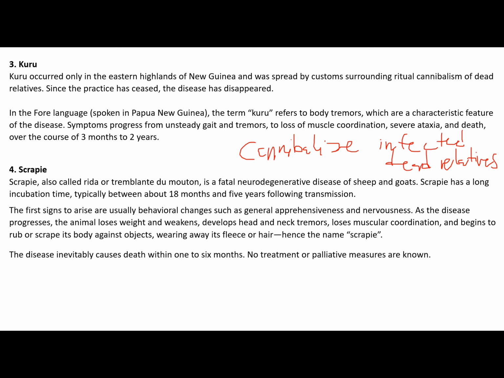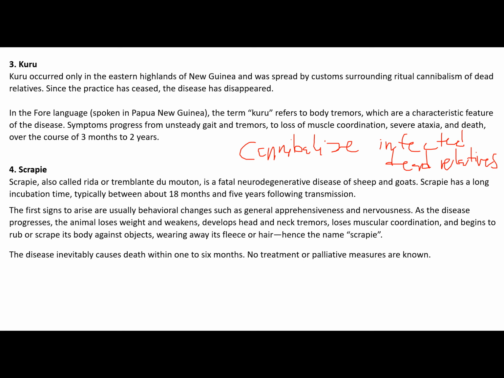So when an animal gets scrapie, this is an animal prion disease. If the animal has scrapie, the first thing you would notice, class, is that it would lose weight. After that, it would develop tremors in the head and neck, followed by loss of muscular coordination.